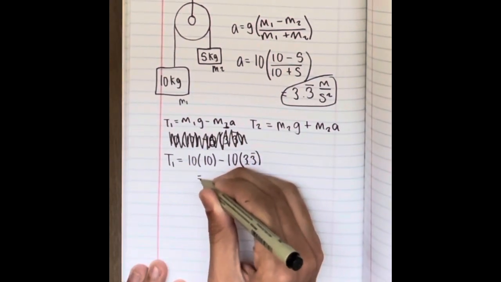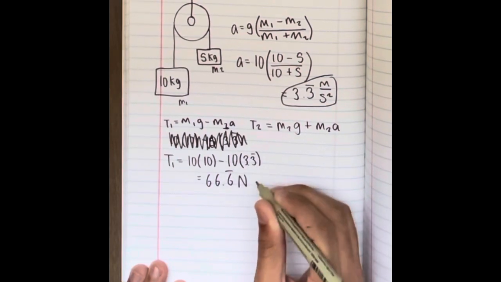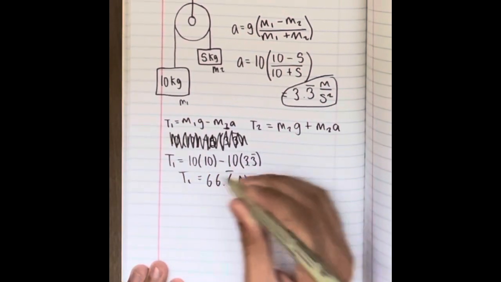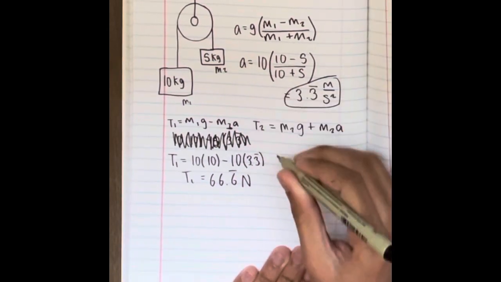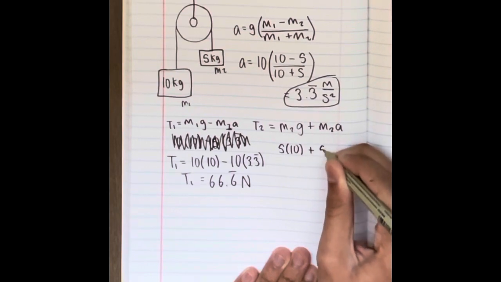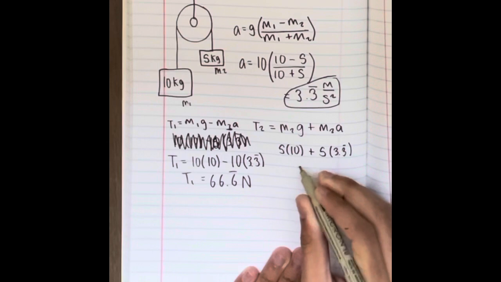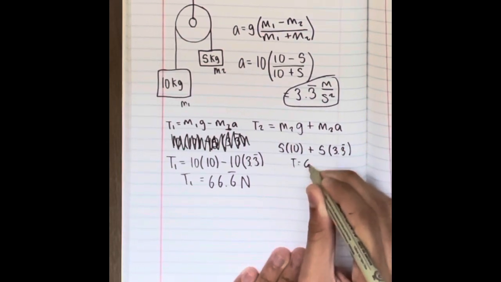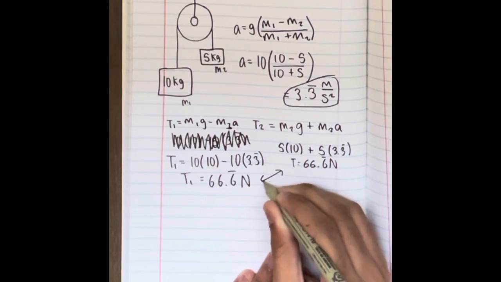And that's just equal to 66.6 newtons, T1. Now let's use this one. The mass of 2 is 5, so 5 times g, which is 10, plus 5 times the acceleration, which is 3.3, and T2 is equal to 66.6. We see that they're both equal.